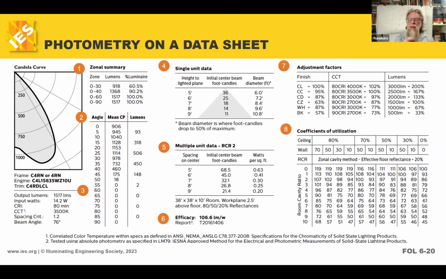So just blithely writing down catalog numbers can really affect your output. You may think 90 CRI is always better. Well, it's always better looking. But are you willing to give up 20% output and consume 20% more energy for the same foot candle level in there to get to that 90 CRI? That could be very important for places that sell produce.